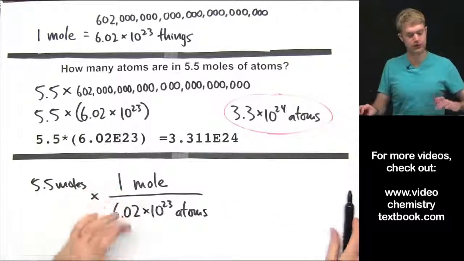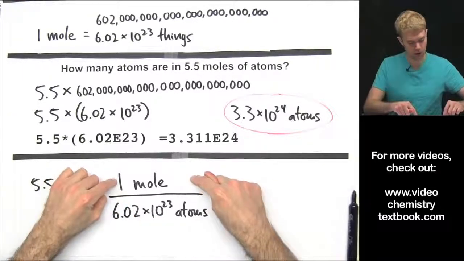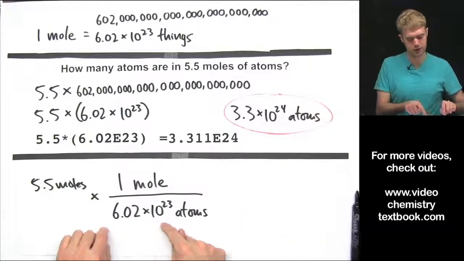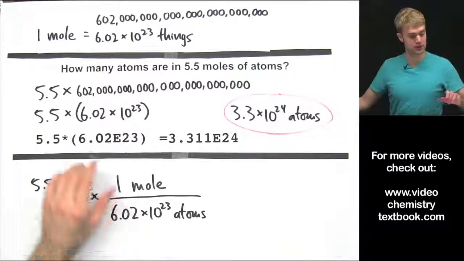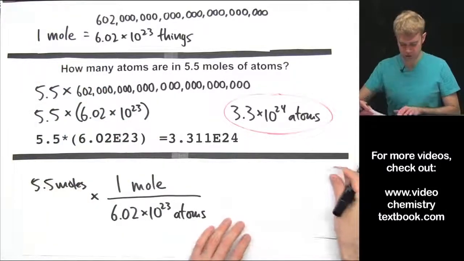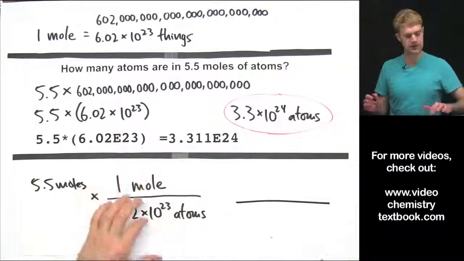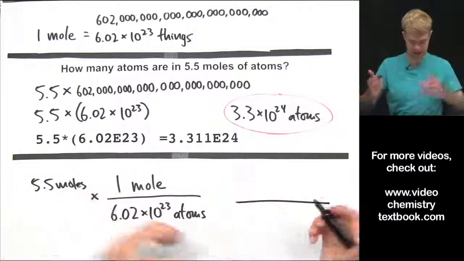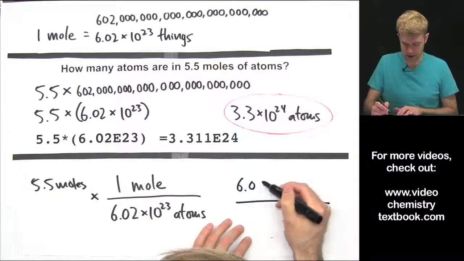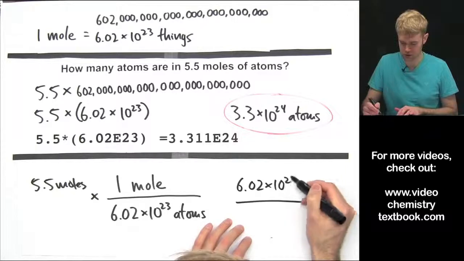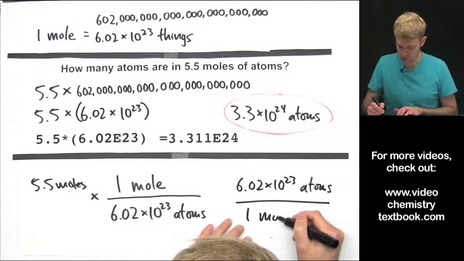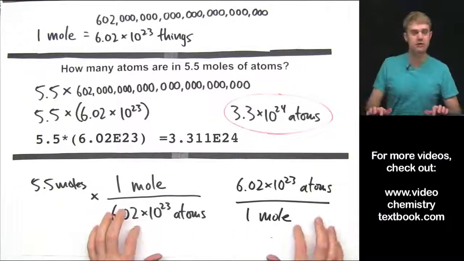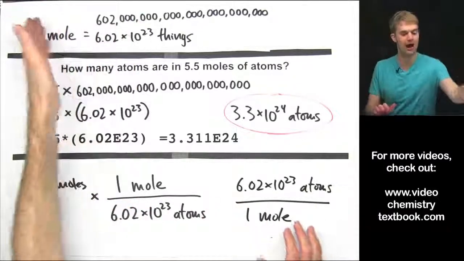And this conversion factor is just telling me that in 1 mole, there are 6.02 times 10 to the 23rd atoms. But for every equation like this with an equal sign, there are 2 conversion factors that we can write. We can write it like this, or we can flip it. That's cool too. So I could also write 6.02 times 10 to the 23rd atoms on top with 1 mole on the bottom. Now both of these conversion factors are totally valid.